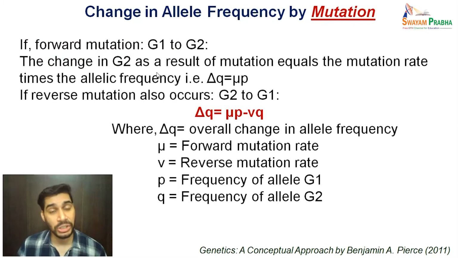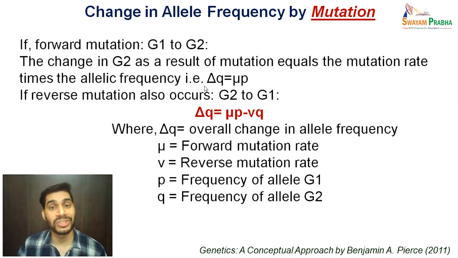The change in G2 as a result of mutation equals the mutation rate times the allelic frequency. So the change in q will be mu, that is the forward mutation rate, multiplied by p, that is the allelic frequency of allele G1. Now there is a possibility that reverse mutation also occurs, that is from G2 to G1.